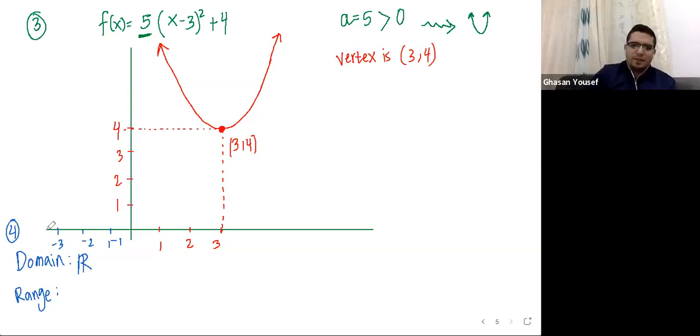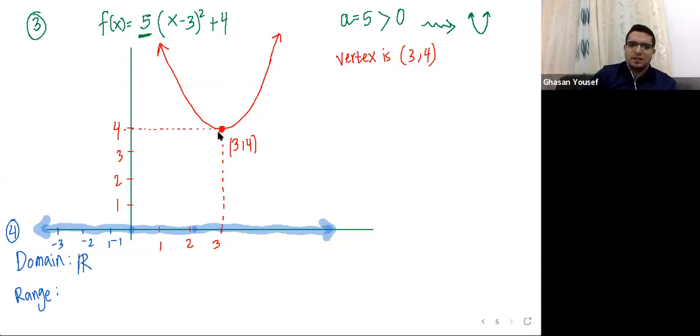So the domain here is all these values because we use them to graph the function f of x equals 5 times (x minus 3) squared plus 4. So I can plug any real number inside the parabola. So all this is the domain. And the range is the y values that are used to graph the function.